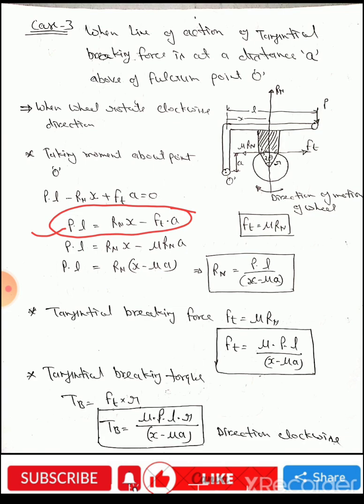Putting the value of tangential frictional force equal to mu Rn in this equation, we now obtain PL equal to Rn into X minus mu Rn into A. We can take Rn common on the right hand side and obtain PL equal to Rn into (X minus mu A).